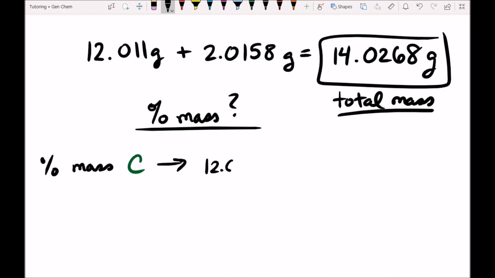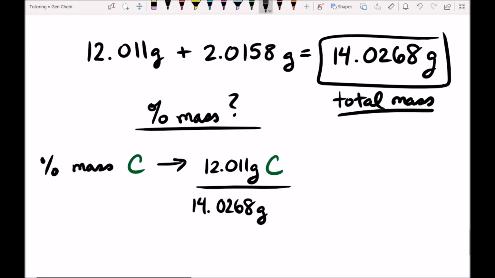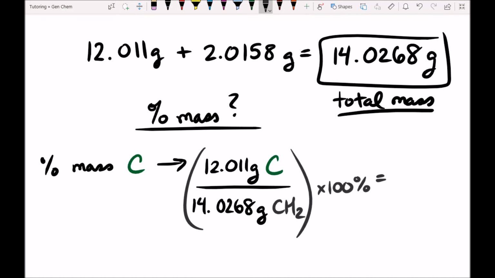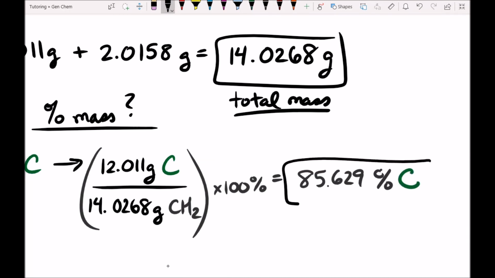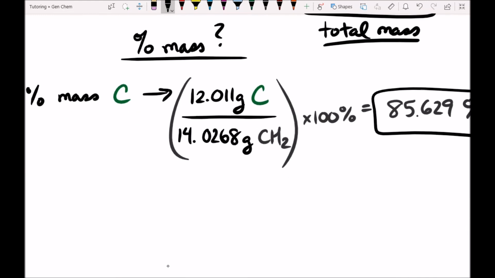So 12.011 grams of carbon is how much of the total mass is carbon, over 14.0268 grams of CH2. Multiply this by 100% because we want to get a percent, and we get 85.629% carbon. Now let's calculate the percent mass of hydrogen.